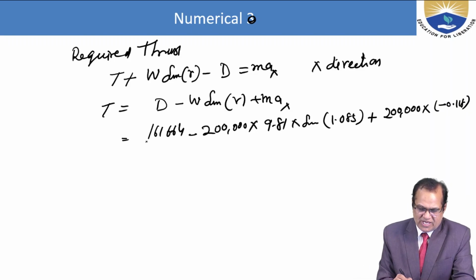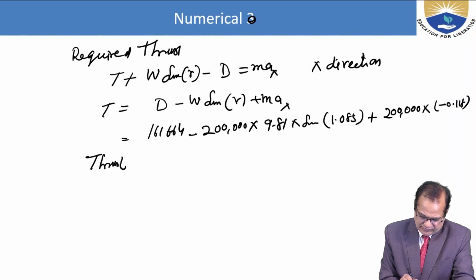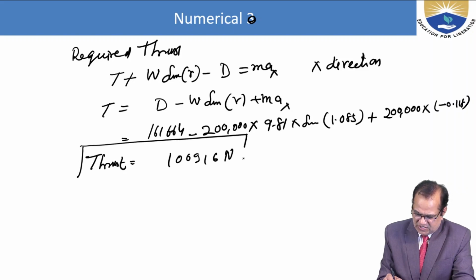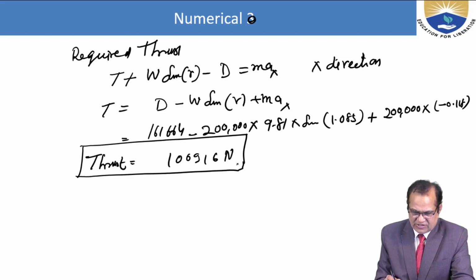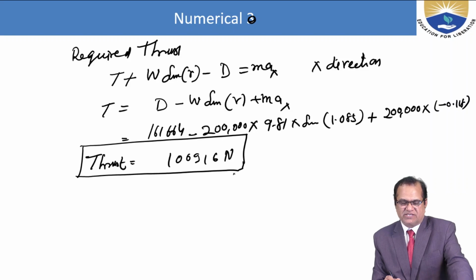So here you will get thrust is equal to 100,916 Newton. So this much thrust is required for this operation.